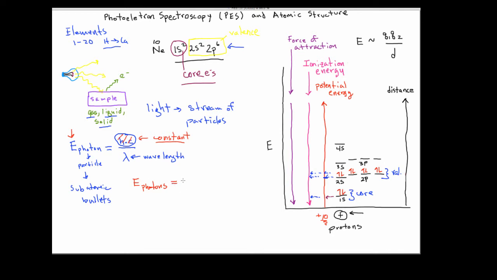The energy of these photons is going to be equal to the ionization energy of the electron plus kinetic energy. That was a mouthful. What do I mean by this? Einstein learned a long time ago, when he introduced the concept of the photoelectric effect, that you can direct a beam of light onto a sample of material and cause electrons to be ejected from that sample.